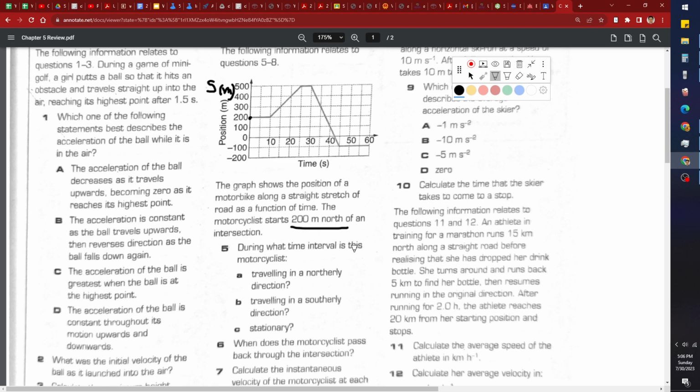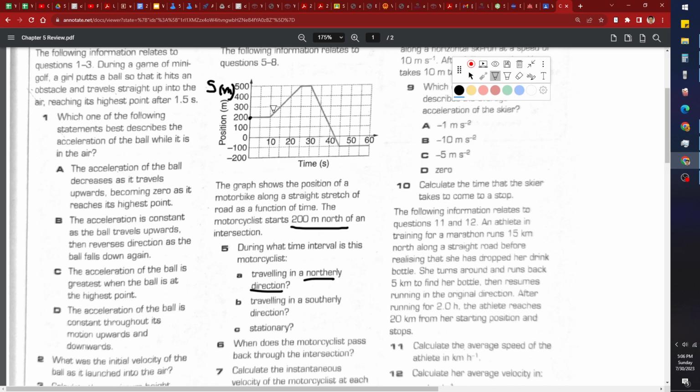During what time interval is this motorcycle traveling in a northerly direction? So here from 0 to 10, you can see it's not changing, so it's not traveling in that direction. So here we can see that it increases the displacement in the north direction. All this is north, and all of this negative is south direction.